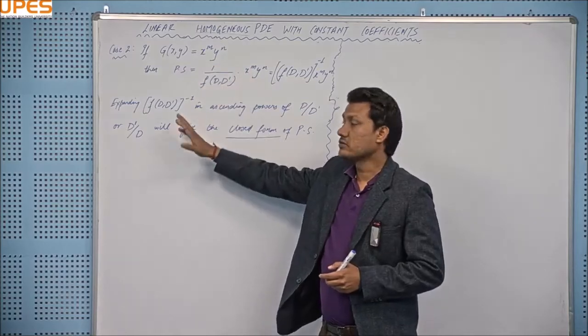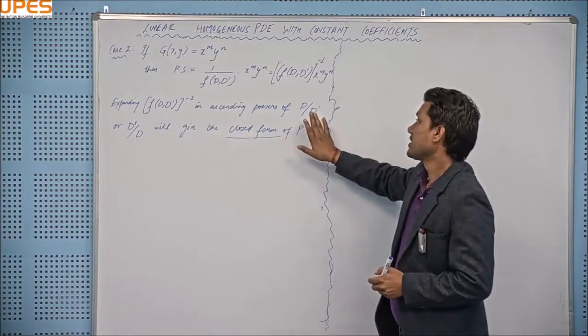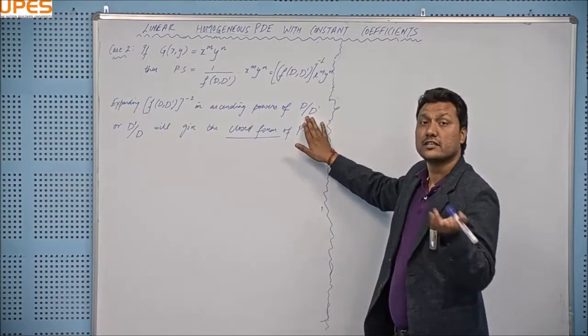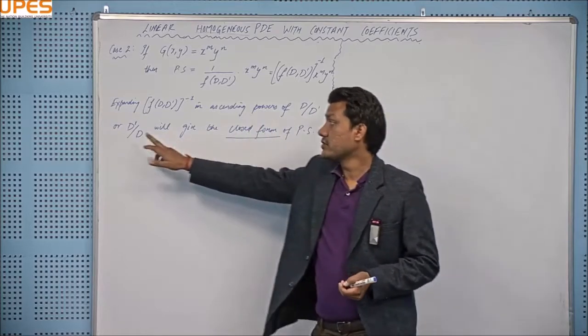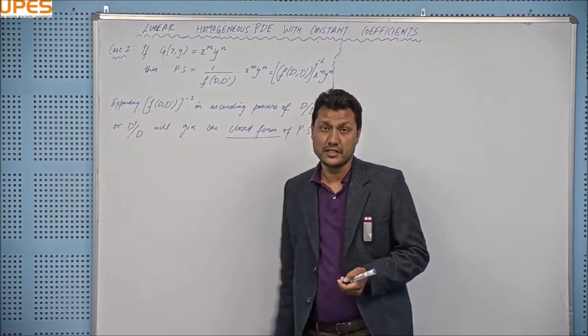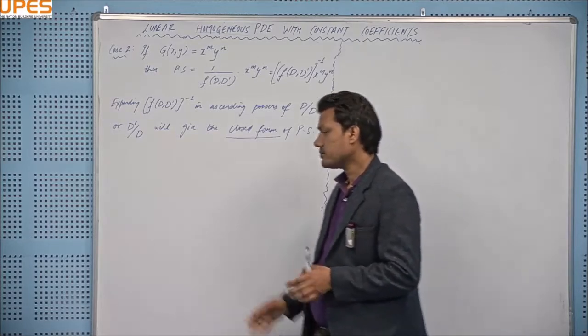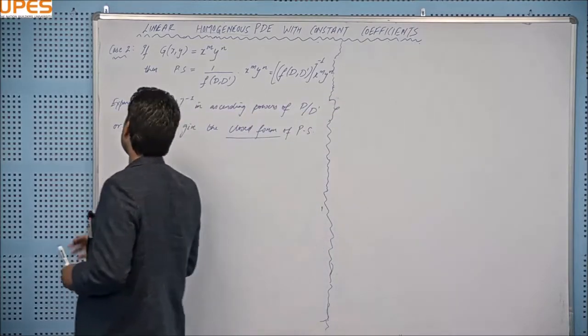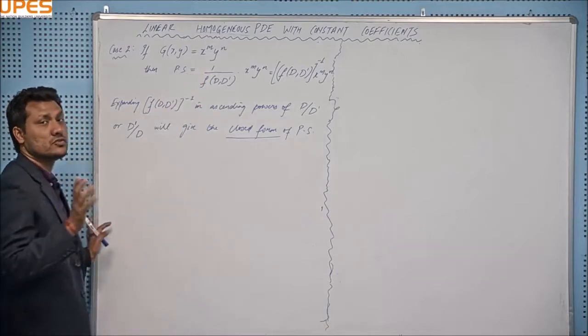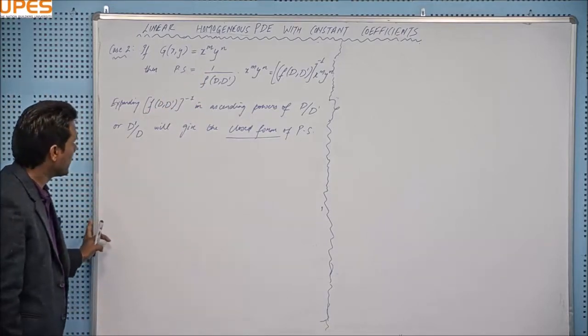One is given by the expansion in powers of D by D', and the other may be given by the expansion in the powers of D' by D, right? We will see that in our examples. So you remember this remark that the particular solution for a PDE is not unique, right? Okay.